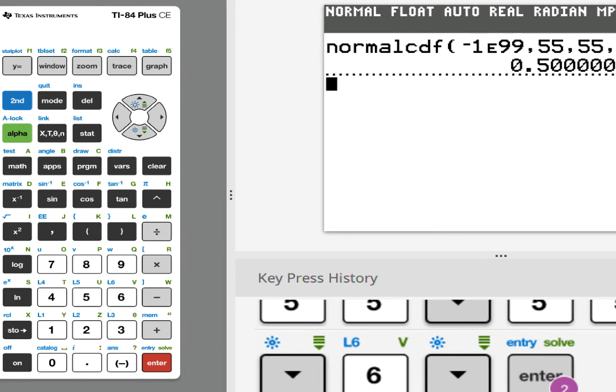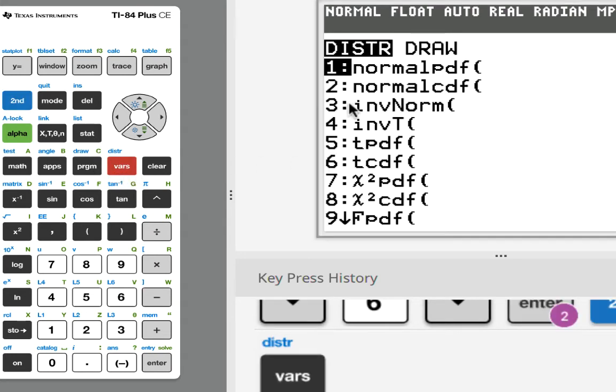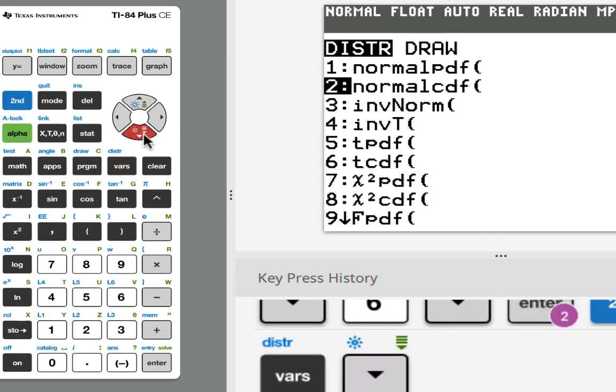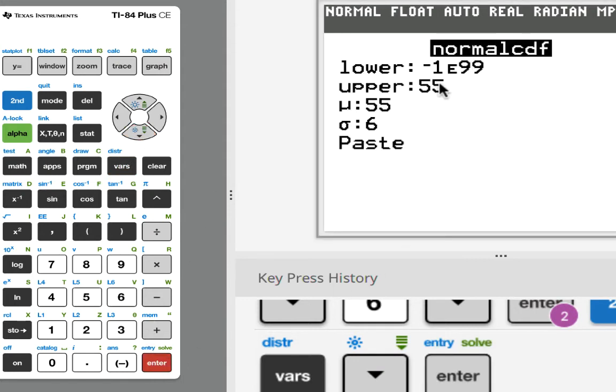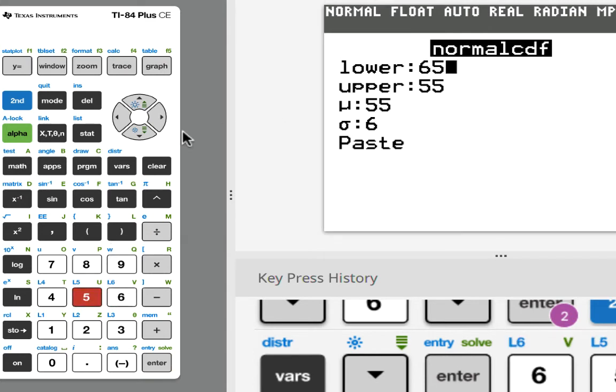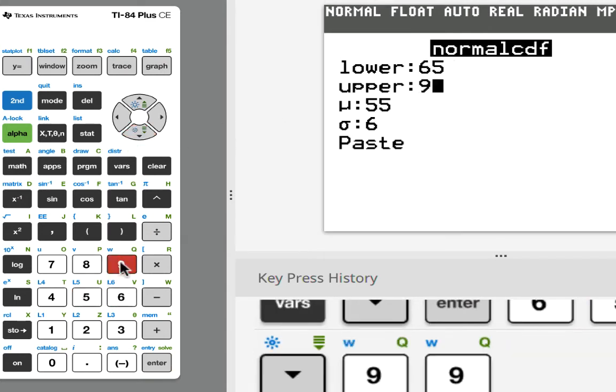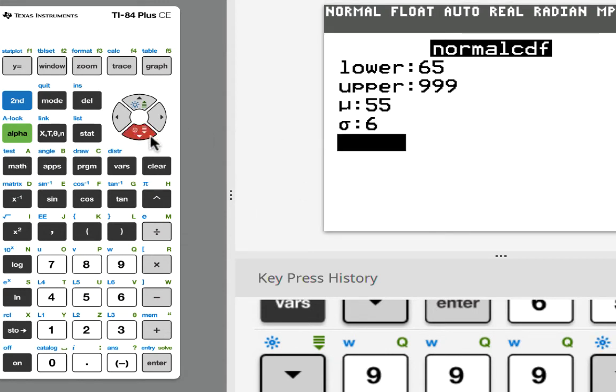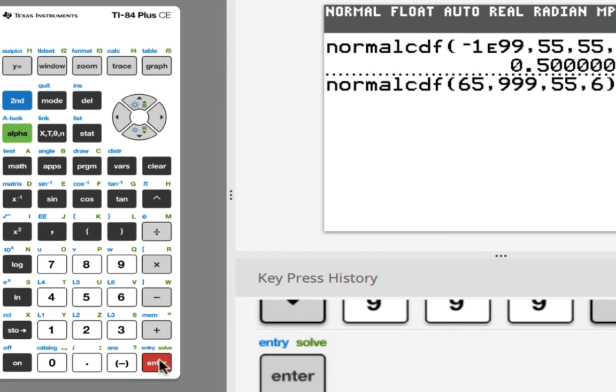Okay, let's go ahead, do it together. Second, then using the cursor, go to number 2, normal CDF, enter. Now the lower end, guys, remember, is 65. So 65, upper end is now 999, and then the rest as it is. Take your cursor down to paste, press enter.